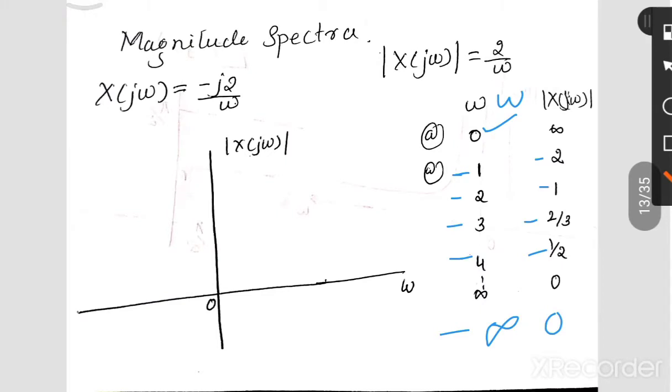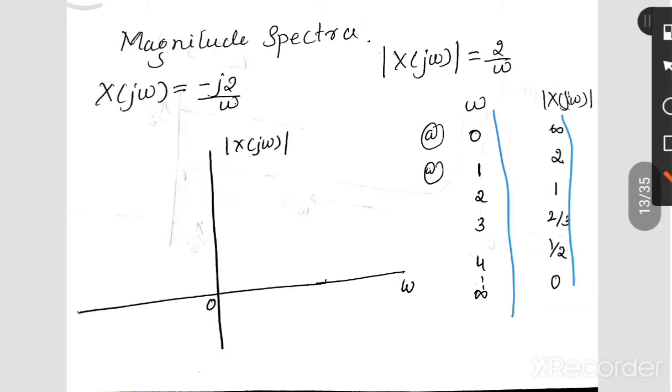Now what we can do is, first we will substitute positive values. If you substitute 0, it will be infinity, and from infinity it goes on decreasing. For positive values it goes on decreasing, and at infinity it is going to reach 0.